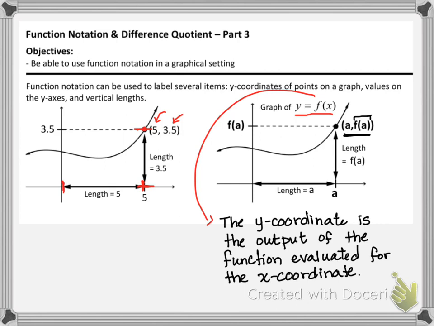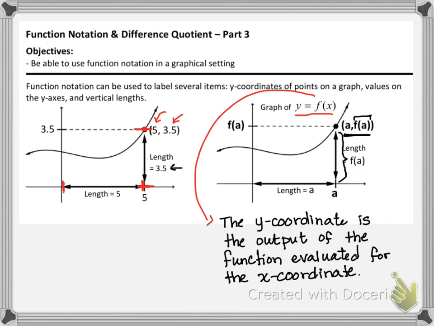We're just expressing y as f of a instead of as y, because that tells us what x value it corresponds to, as well as what the y value is. So the length of this distance here, just like here it was 3.5, is going to be f of a now. Remember that f of a just represents some number. We don't know what it is, but it's just some number.